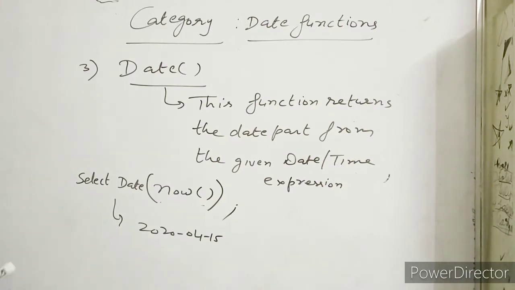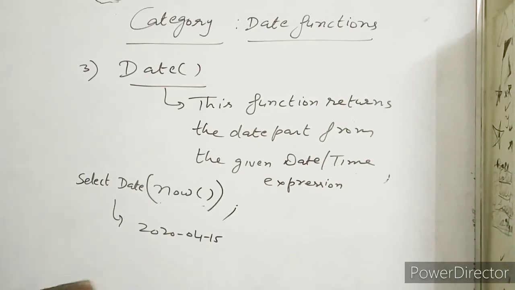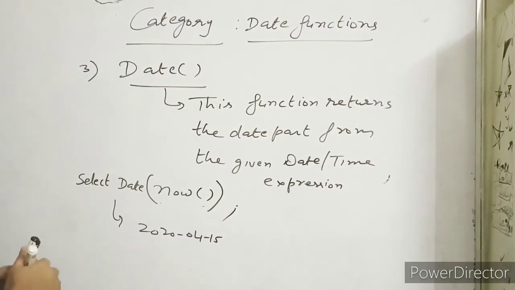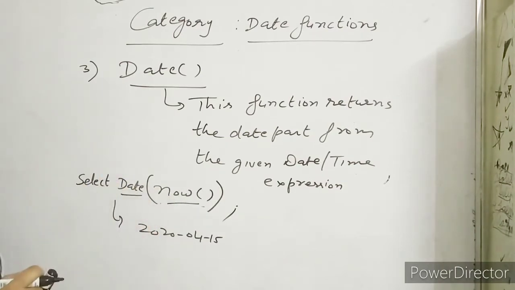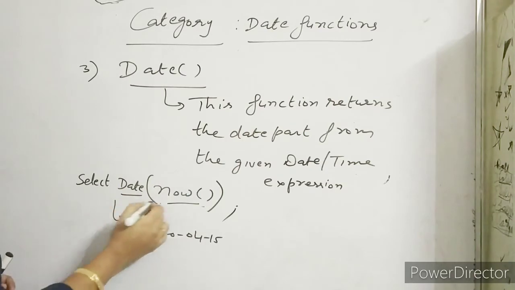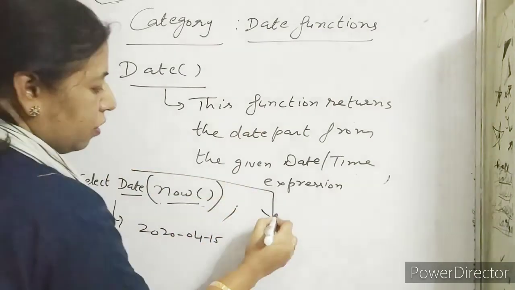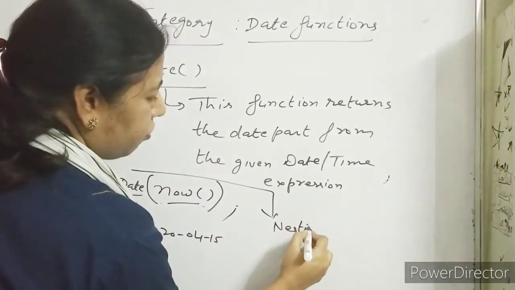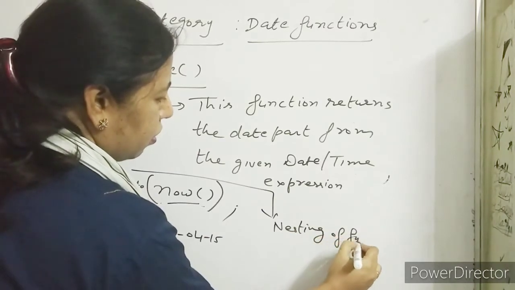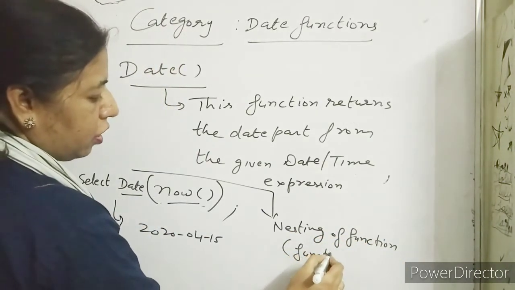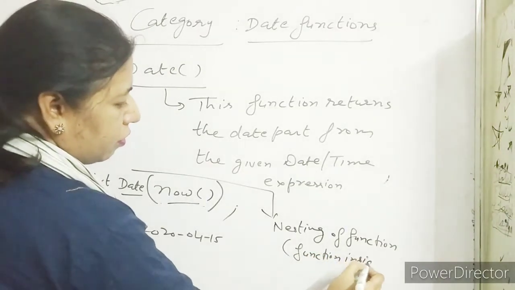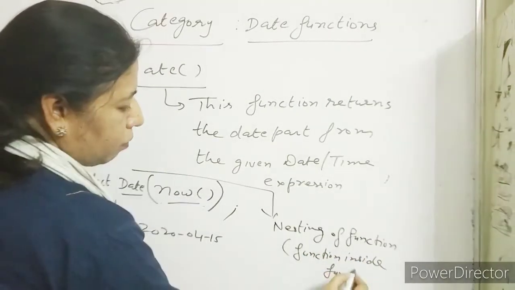One more I can try. Now you can see that this is a function, and this is a function. I have used the now function inside the date function. It means this is called nesting of functions. Function inside function, I can use in MySQL.